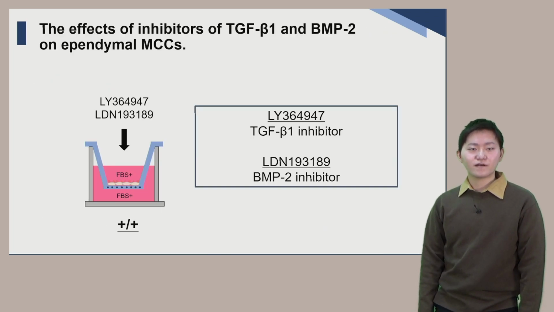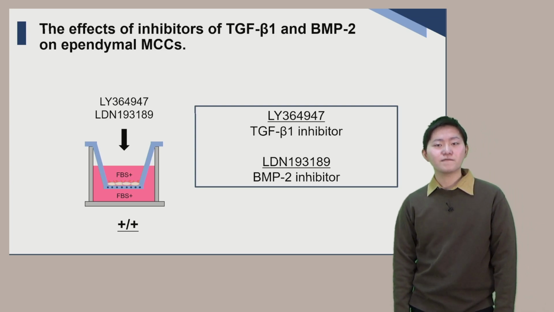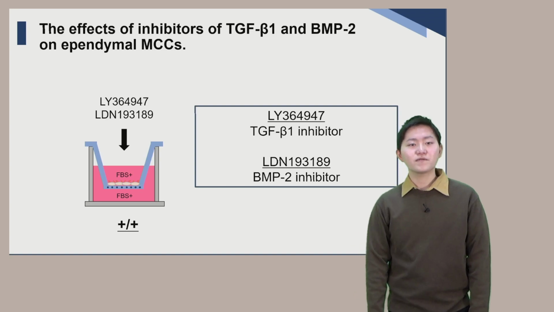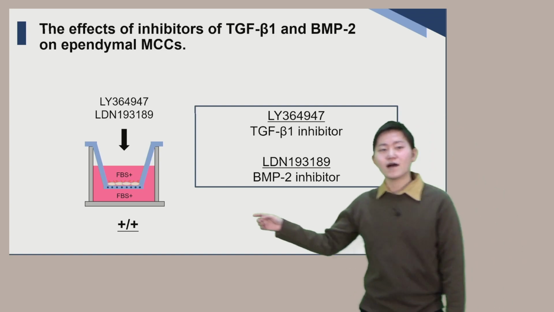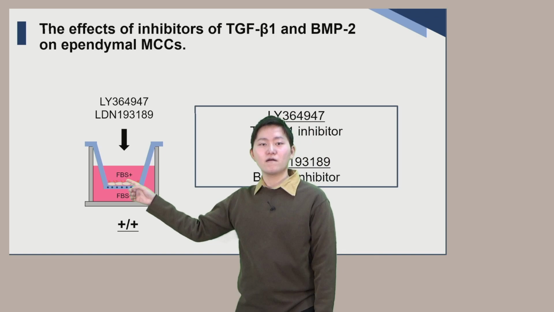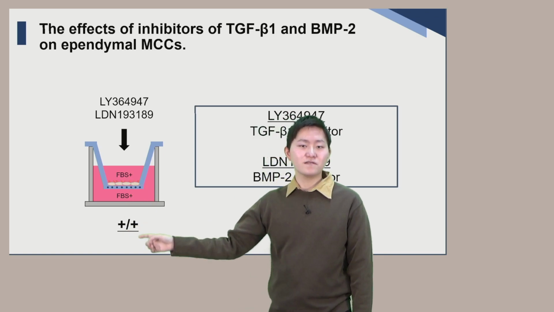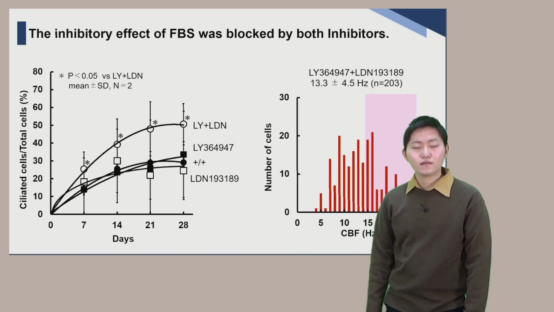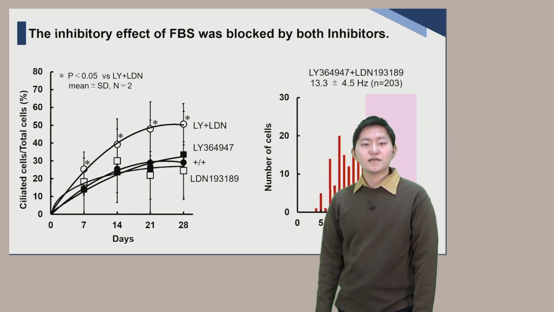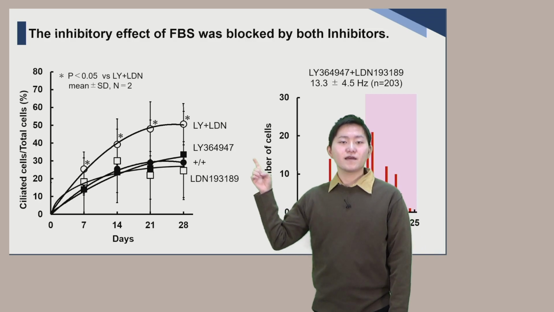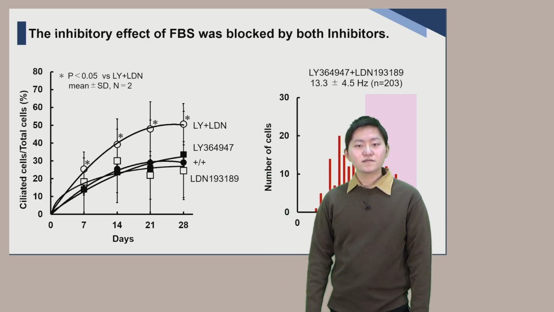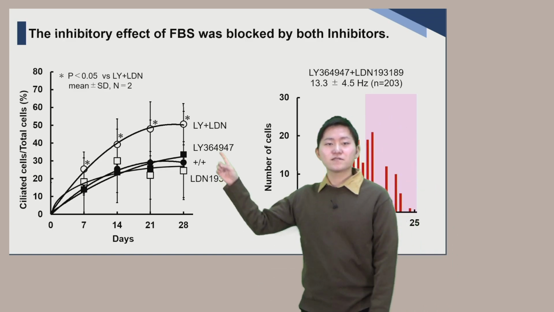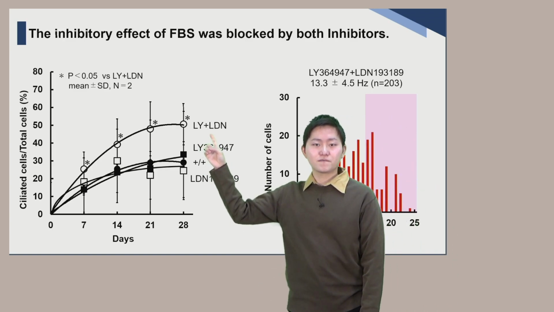Finally, to clarify whether the inhibitory effect of FBS is recovered by TGF-β1 or BMP2 inhibitors, they were added in the upper chamber of the plus plus conditions. Each inhibitor alone, this one and this one, did not block the inhibitory effect of FBS, but the two inhibitors together recovered it.